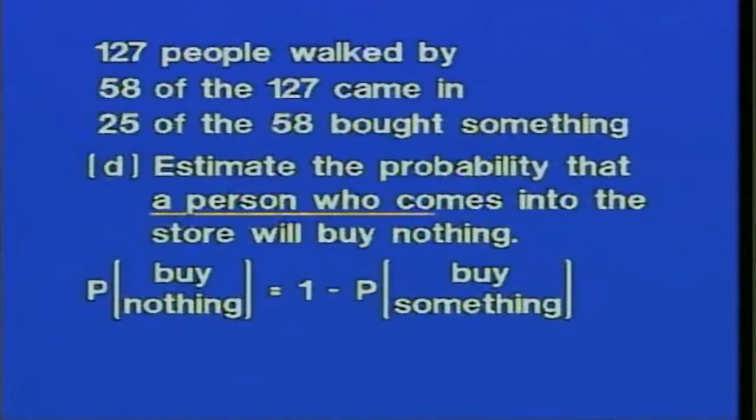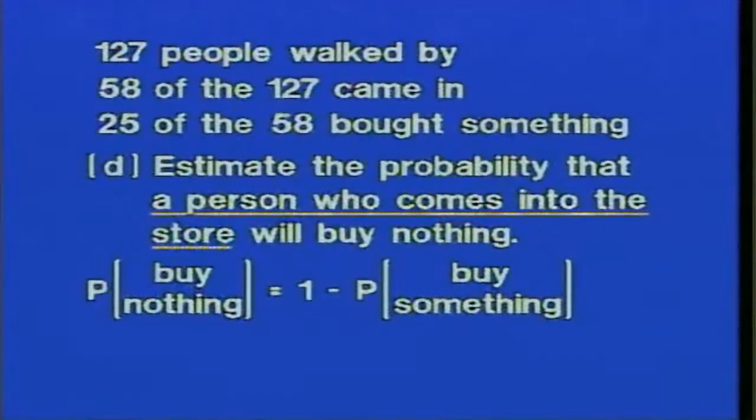And the sample space involved has to do with the person who comes into the store. We're limiting our sample space to people that come into the store. And it's really important to identify sample space every time we figure a probability number, because that sample space is often the denominator of a fraction that we're writing.